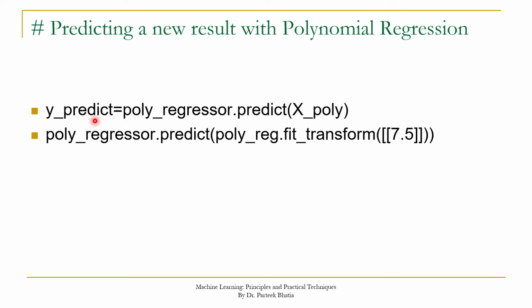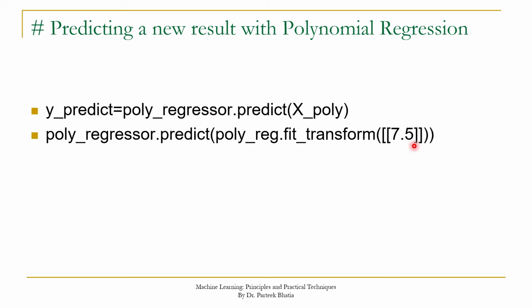We can compare this predicted salary which is in Y predict with the actual salary which is in Y to perform error analysis. It is also important to note that in this session we have to predict the values for level 7.5.